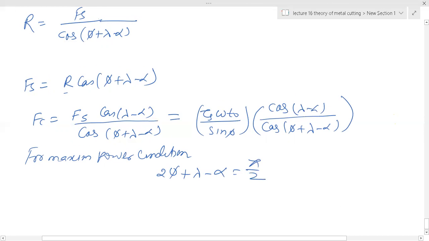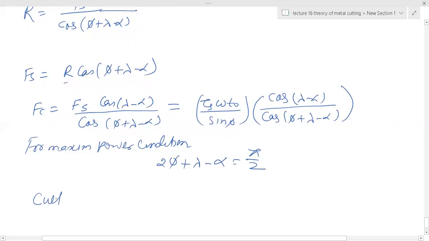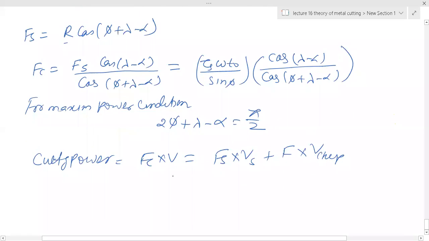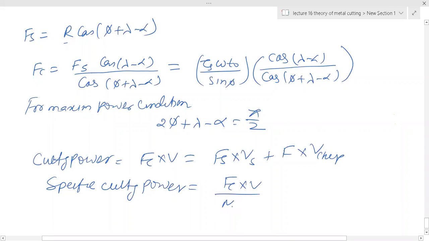Then cutting power is equal to Fc into V, that is also equal to Fs into Vs plus F into V chip. And then specific cutting energy, specific cutting power, is equal to Fc into V divided by metal removal rate, where metal removal rate is equal to w0 t0 V, the cutting velocity, and that is also equal to cutting pressure.